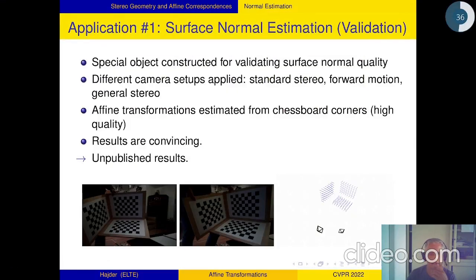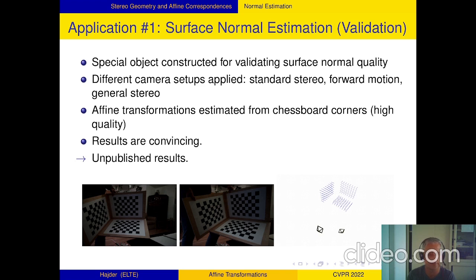And the validation is also very important. If we are interested in how accurately the surface normals can be retrieved from the data, we did a test several weeks ago. These are unpublished results, so we will publish them later. For the validation, regular surfaces are used.